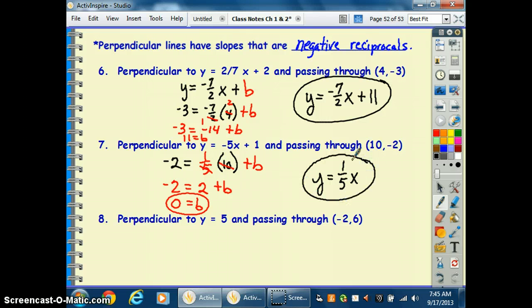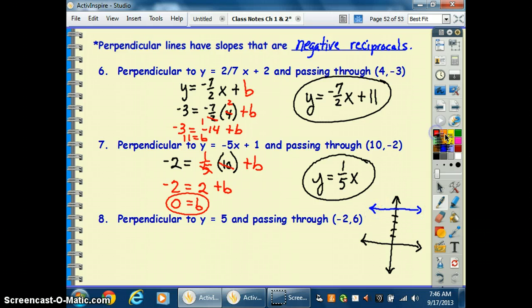The last one. Perpendicular to y equals 5 and passes through (negative 2, 6). Oh, another interesting one here. Okay, so if our line is y equals 5, we know our line is a horizontal line going through 5.